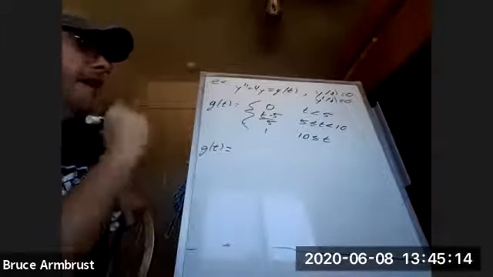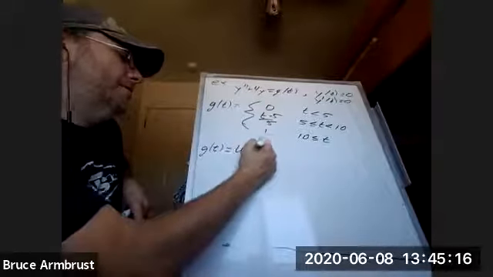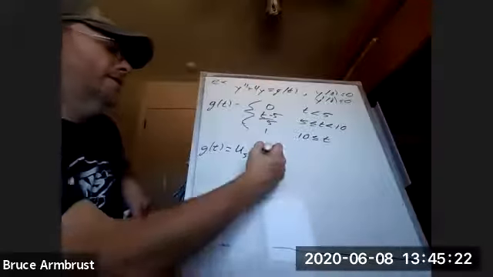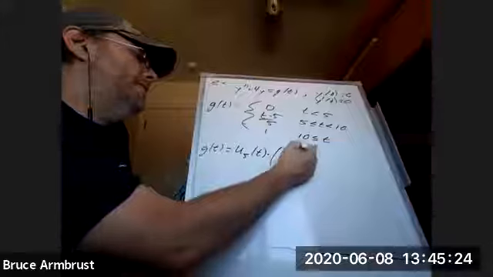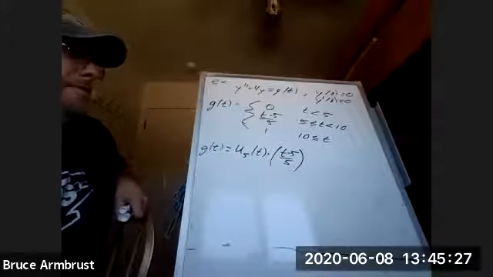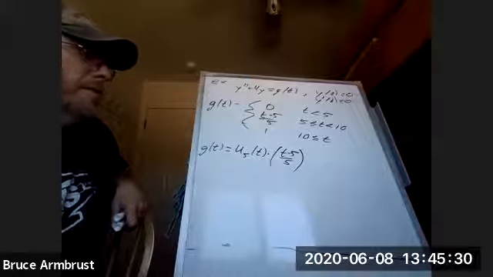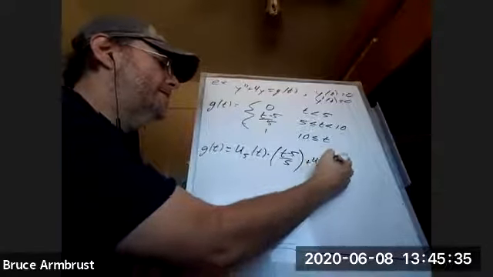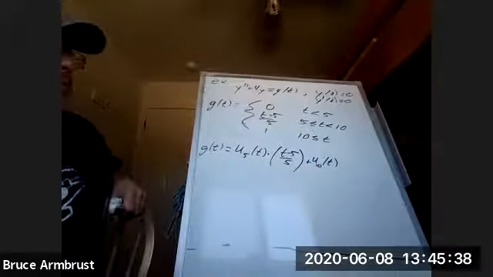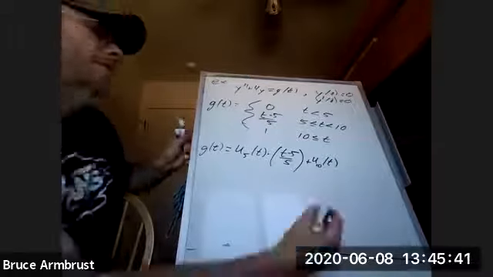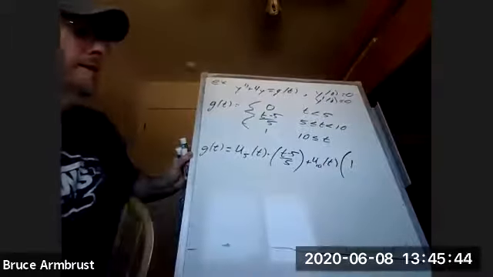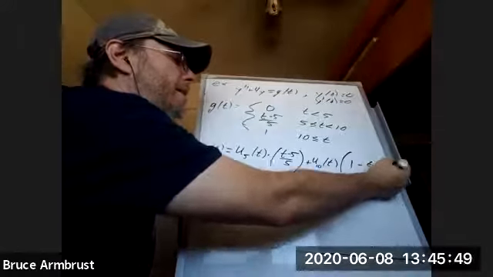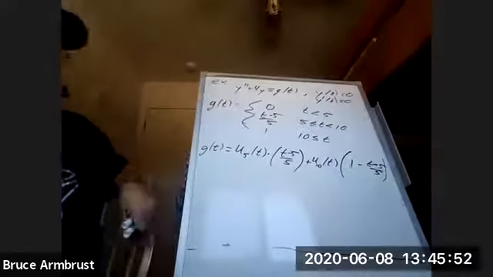But at 5, I have to turn on a function, so I'm going to write here u sub 5 of t, and what we're going to turn on is t minus 5 over 5. Then we need to turn something else on at 10, so I'll put u sub 10, and what we're going to turn on is 1. But now we also have to turn off the t minus 5 over 5, so I'll put that as a subtraction.